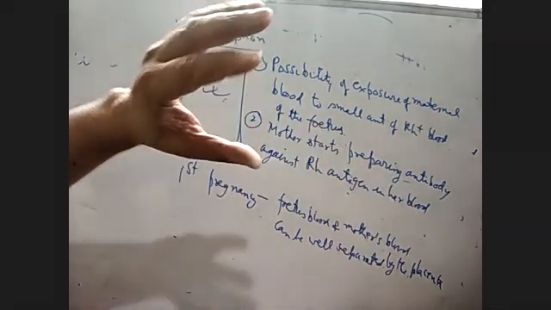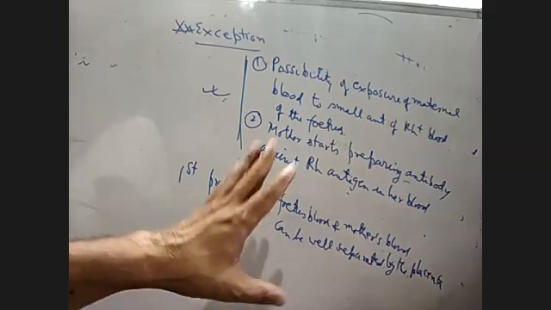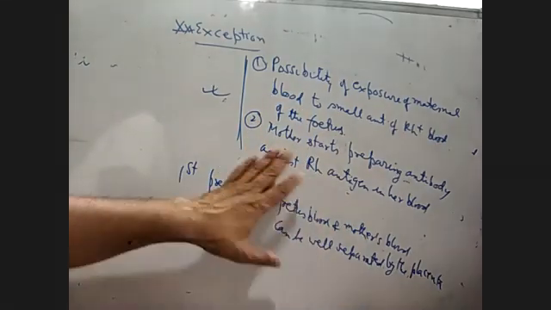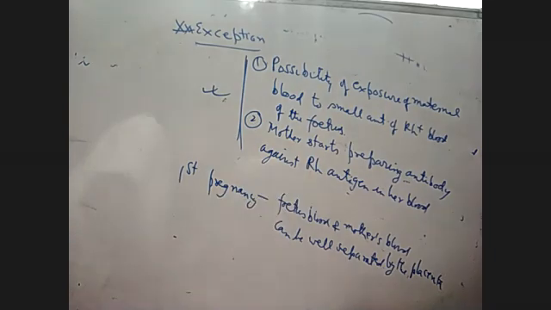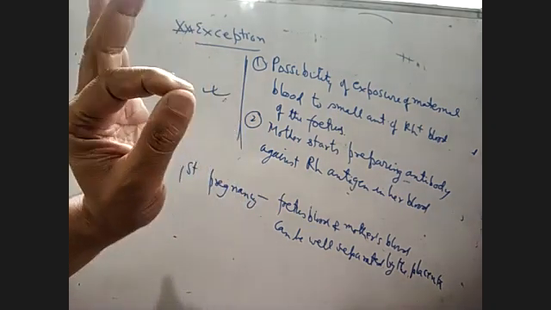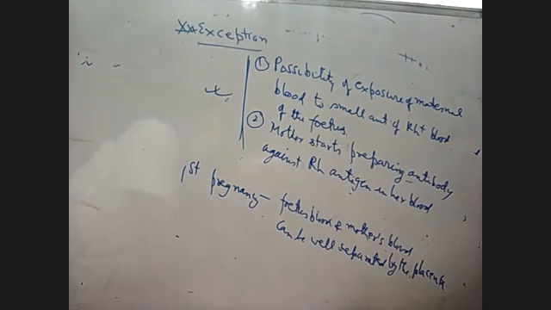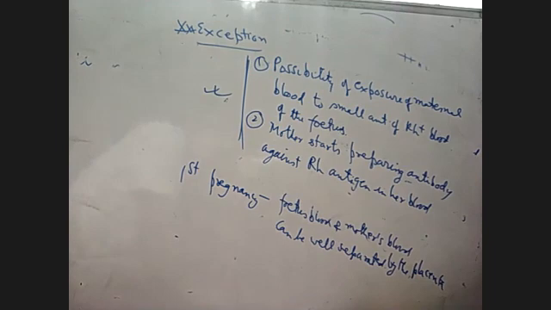If this happens, then the mother starts preparing antibody against Rh antigen in her blood, but this is not so severe, and the child will be saved. If there were a large amount of antibody, there would be a defect in the child, but a small amount of antibody means no defect in the child.